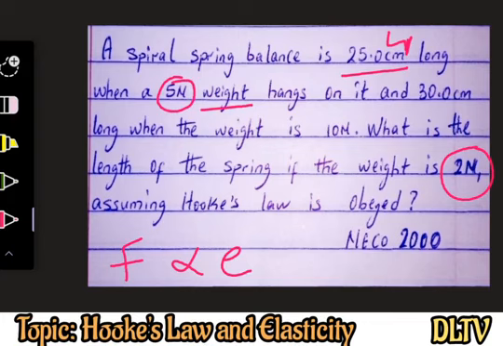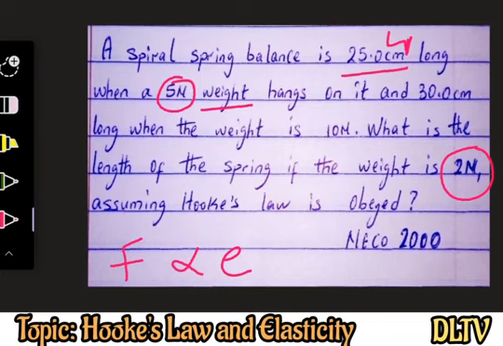So when a 5 Newton weight or force was attached to the spring balance, the length became 25 centimeters. I would like you to pause at this moment and think. That means we were never told that the original length of the spring balance was actually 25 cm, but rather that the length became 25 cm because of the 5 Newton weight that was added to it.